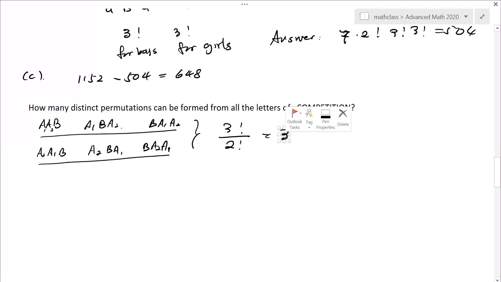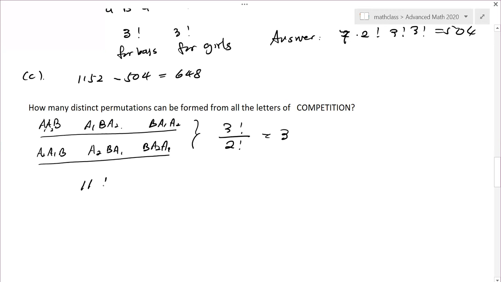So the answer is only 3. After you remove the subindex, you get the same distinct permutations. Now for computation, there are 11 letters there, right?